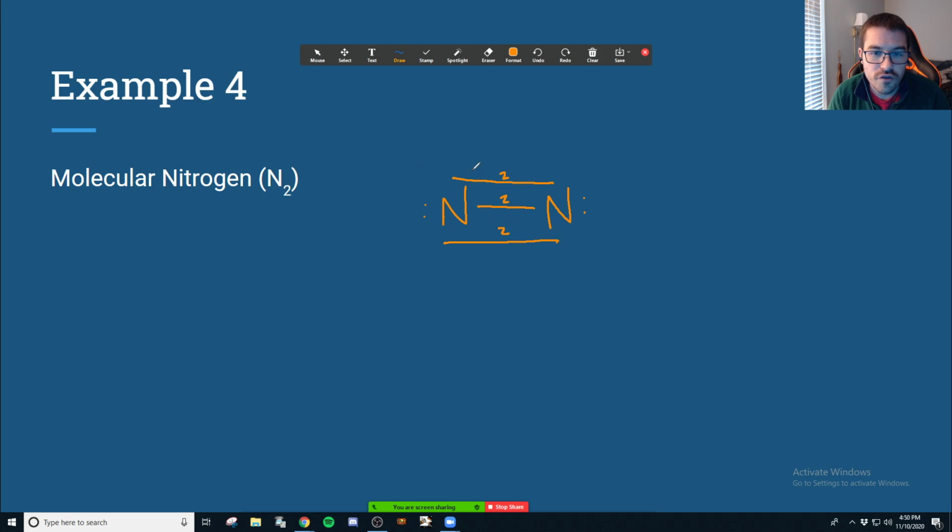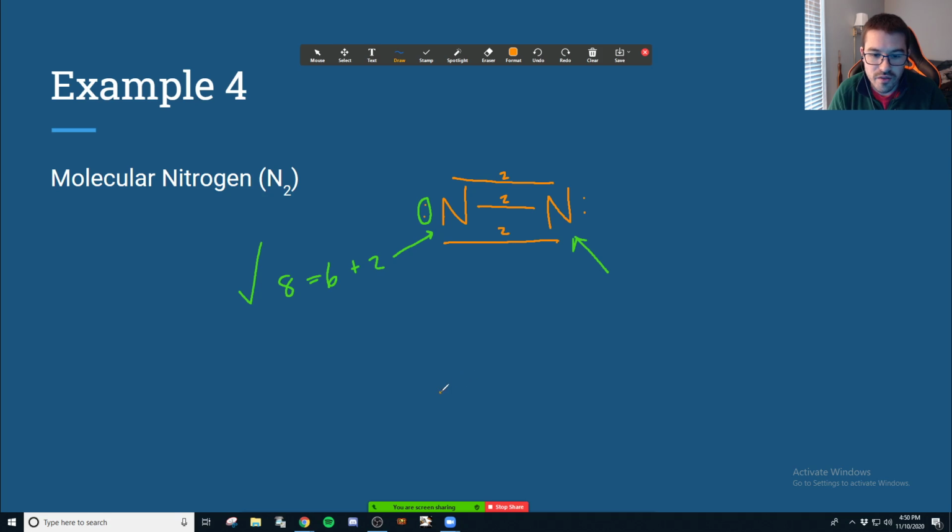If I look at just a single nitrogen, say this one right here, we have the lone pair, that's 2, plus 2 and 2 and 2, so plus 6. So 2 plus 6 is equal to 8. There we go. And that's going to be the same thing here, because this is a very symmetric looking situation. So this right here is a triple covalent bond.